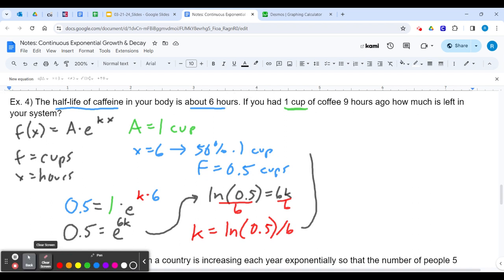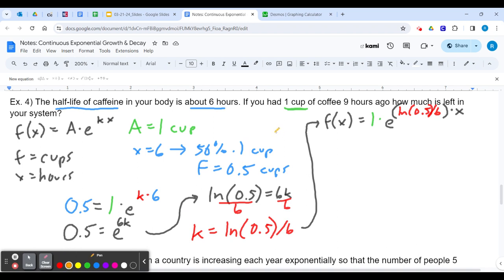But this gives me a formula where I can write the function of x is equal to, again, that 1 cup, so 1 times base e, and then I have my k value of ln of 0.5 divided by 6, and that is times x, and I'm going to make sure I throw some parentheses around that statement for k, so I'm capturing it appropriately.